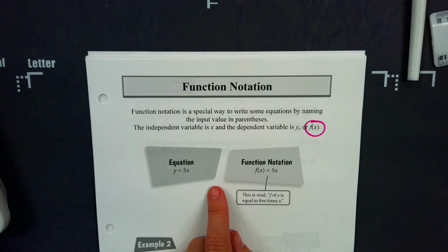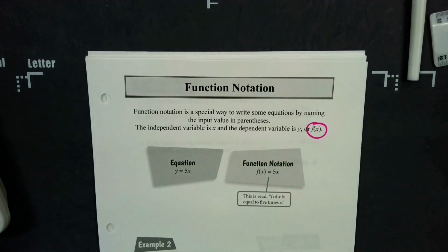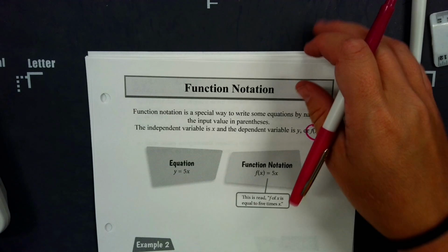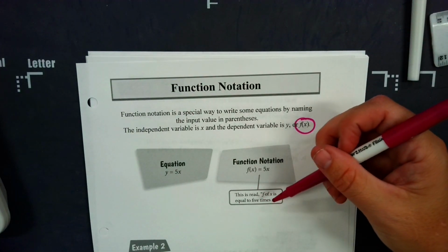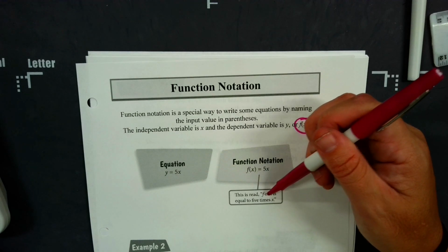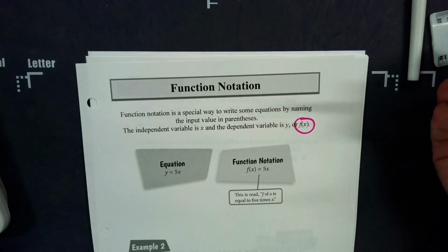Does that make sense? It's the function of x, what's happening because of x. Just like we were doing with independent and dependent. This is happening because this is happening. The older I get, the more gray hairs I got. So this is happening because this was happening. Does that make sense? Okay, so this is read as f of x is equal to 5x.